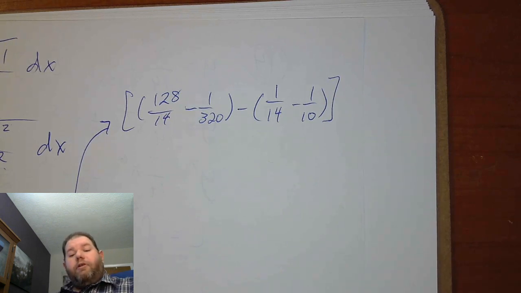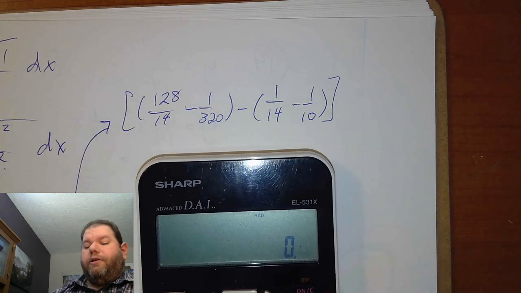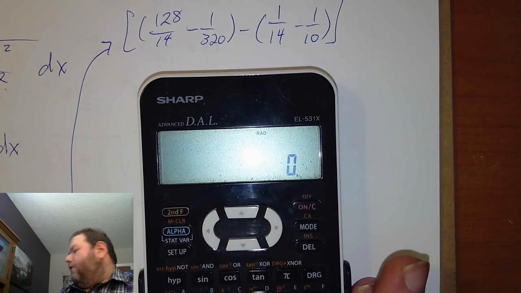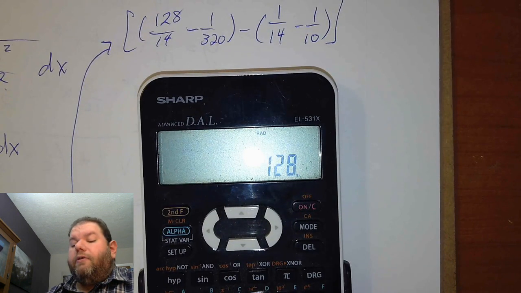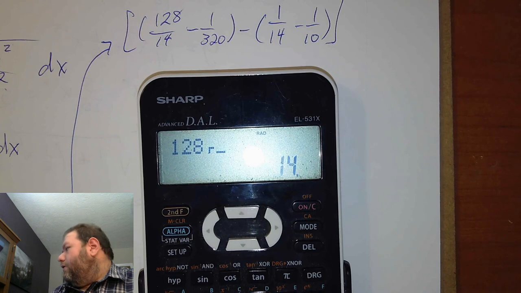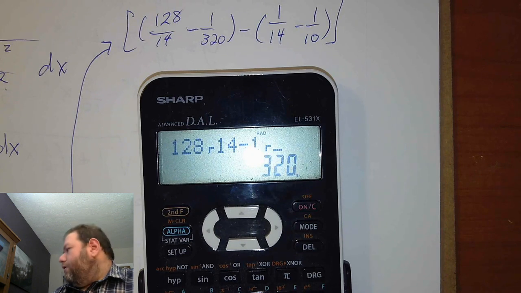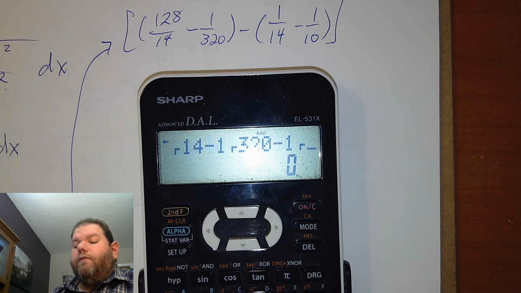Okay, now I don't know about you, but I have a calculator that does these fractions very quickly. So we'll do 128 over 14 minus 1 over 320 minus 1 over 14 plus 1 over 10.